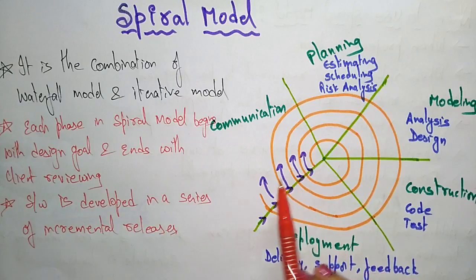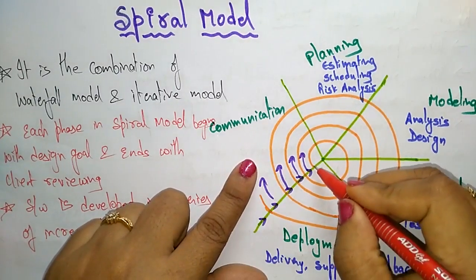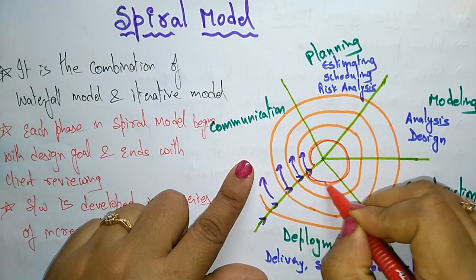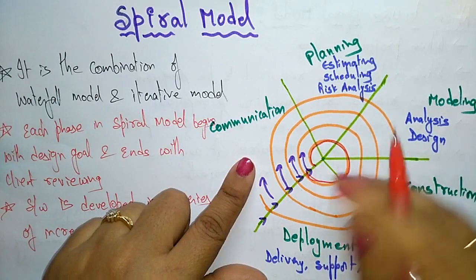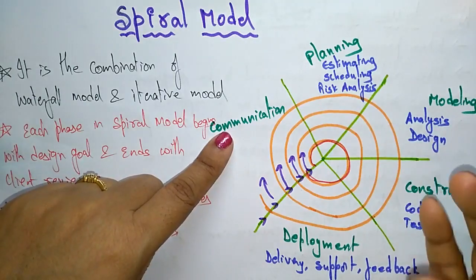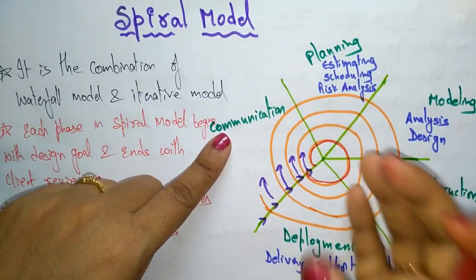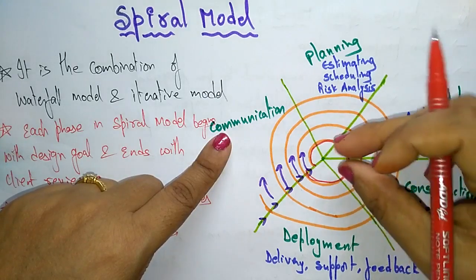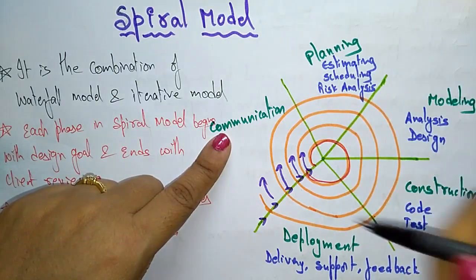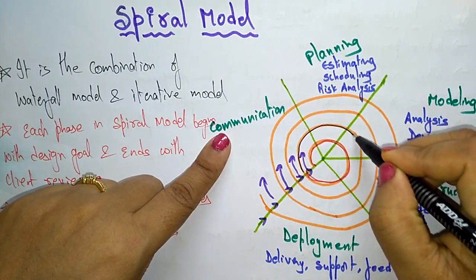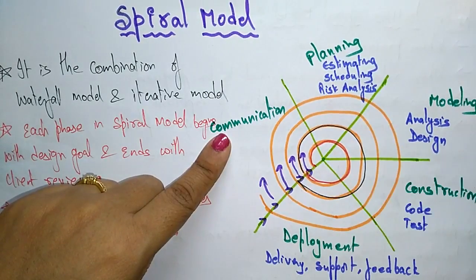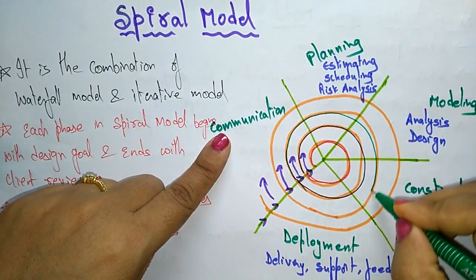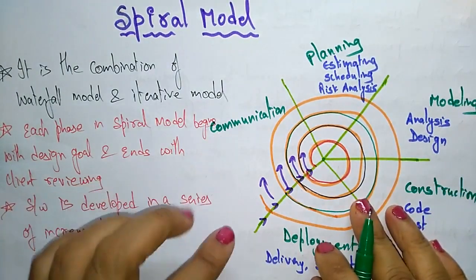You can see the spiral starts from here. Up to here is one phase, one task. This is one task region, next this is another task region, and next another task region, like that. These are the different task regions present in the spiral.